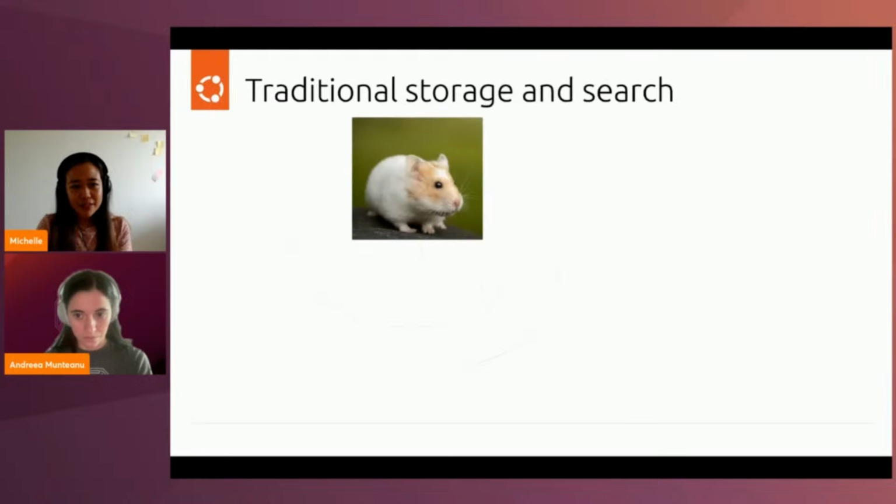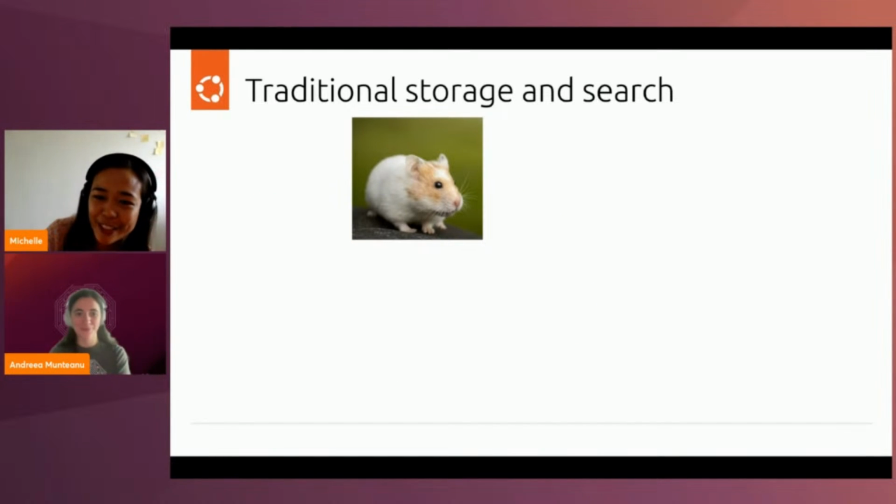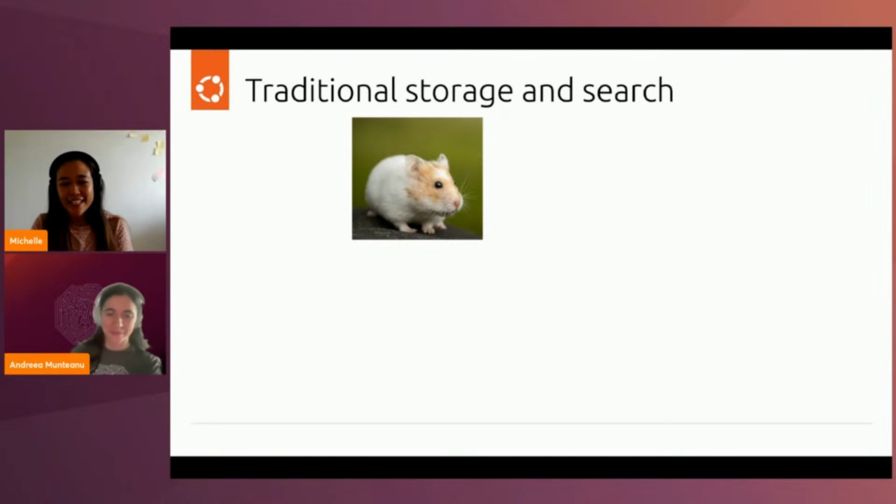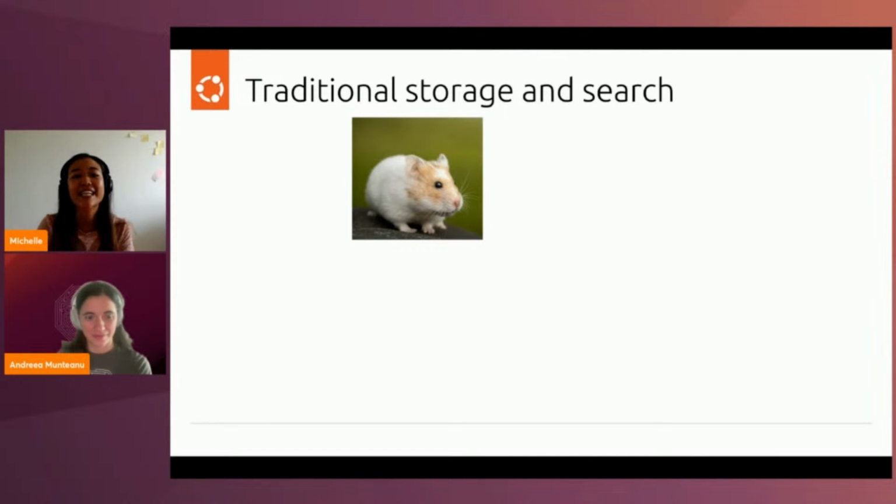So let's talk about the traditional way of storing and searching information. Say, for example, I want to search for a hamster. Before, you wouldn't expect to upload an image of a hamster, and then once you upload, it retrieves an image of hamsters as well, right?